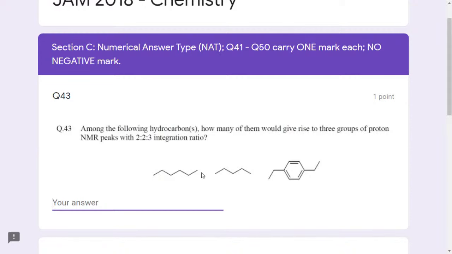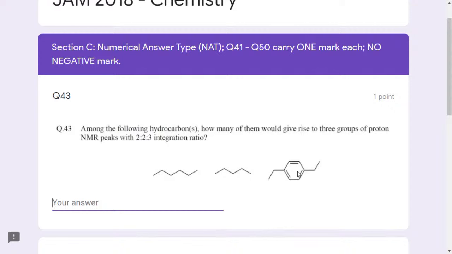So this is going to have 6 protons. This is going to have 4 protons. So 1, 2, 2, 3. Here 1, 2. This is going to have different. So it will have 3, 1, 2, 3. But the ratio is not matching. So it is not going to have this 2:2:3 integration ratio.